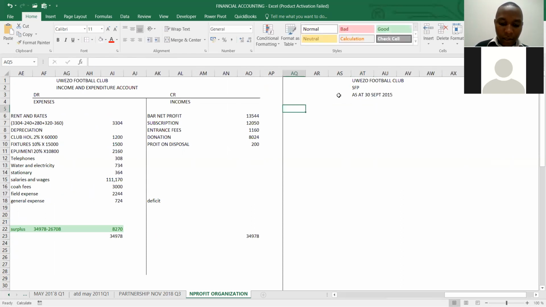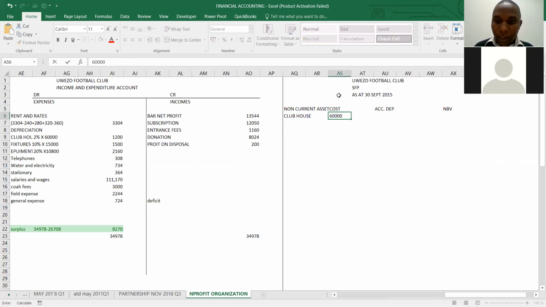So I will start here with non-current assets: cost, accumulated depreciation, and I have a net book value, NBV. So what non-current assets did we have? There is the clubhouse. The clubhouse had a cost of how much? 60,000, right?